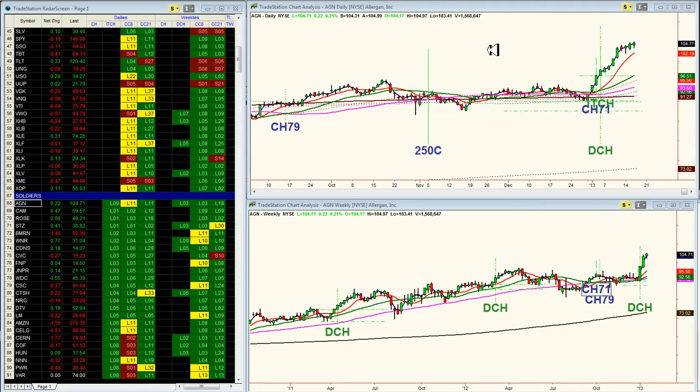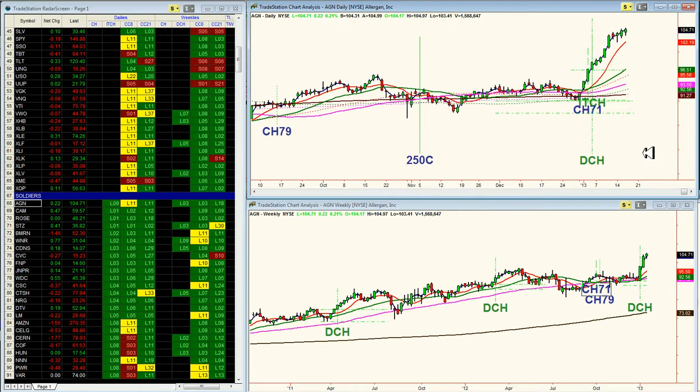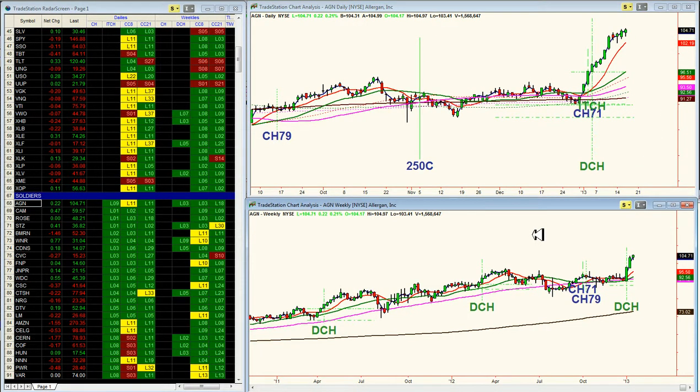Now what we just went through were just the signals in the Crosshairs workspace so that you could easily see the dual chart agreement between the weekly and the daily. In the workspace, I've also included studies on moving averages and dual chart agreement with the moving averages superimposed upon the daily chart along with the signals.